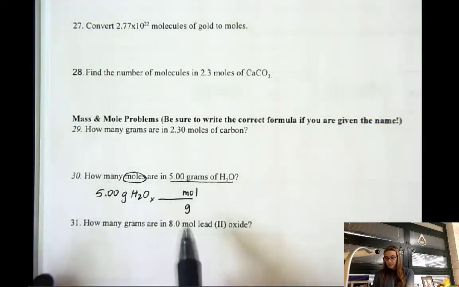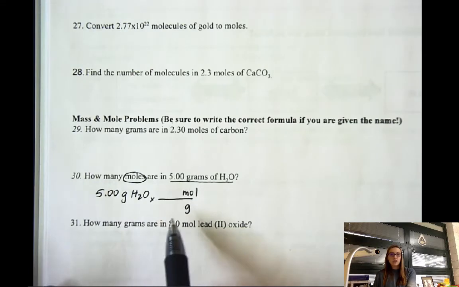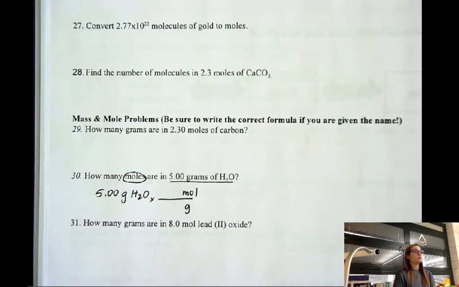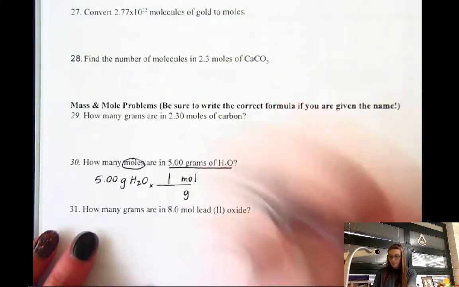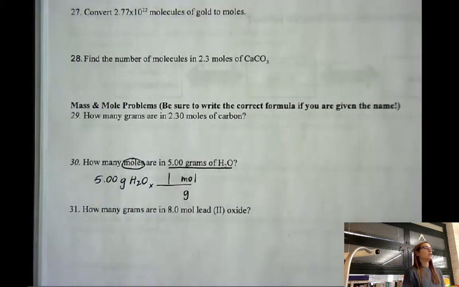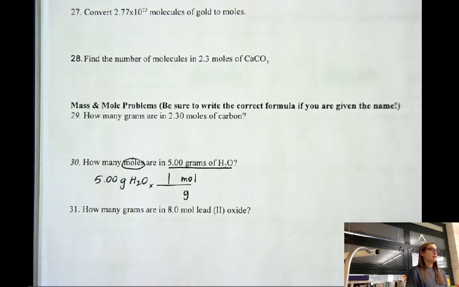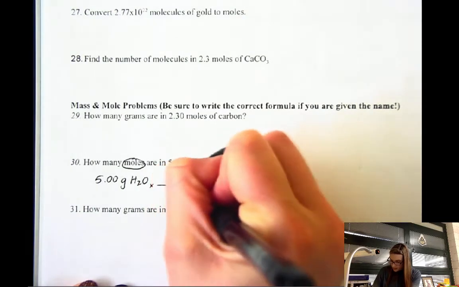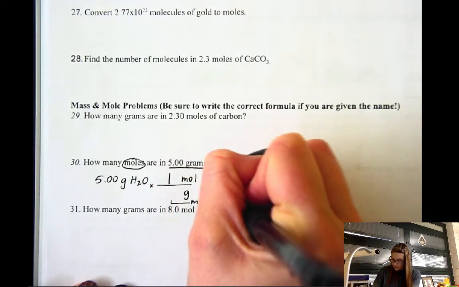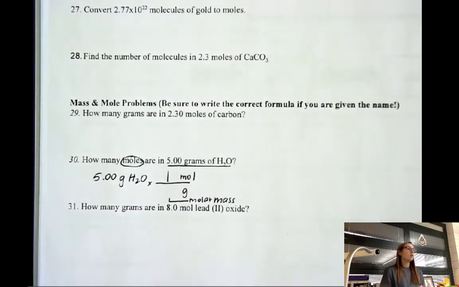Again, the reason is because grams needs to cancel. Moles is what I'm trying to go to. Now, again, at the very top of the page, for every 1 mole, there is a certain number of grams. This right here, this is the molar mass. So we need to figure out what is the molar mass of water.